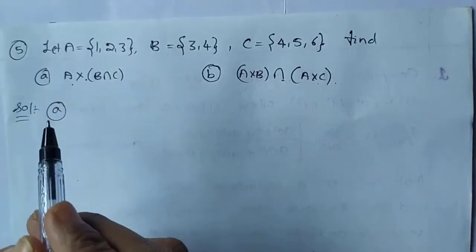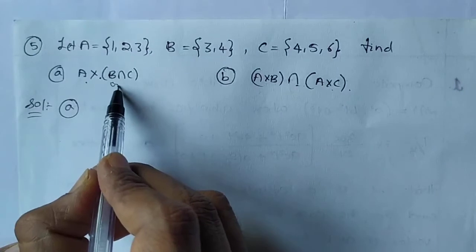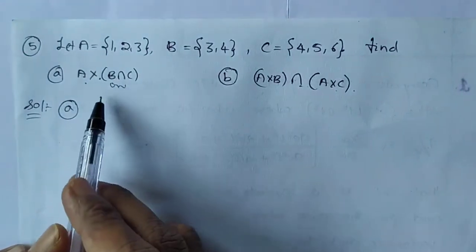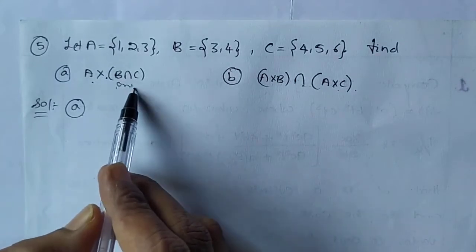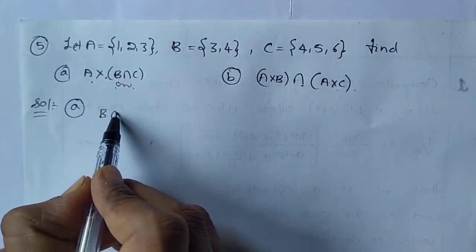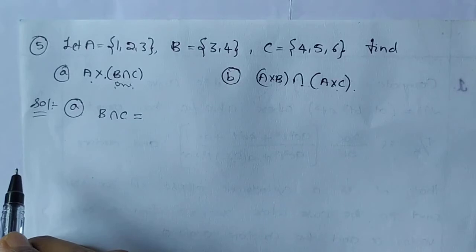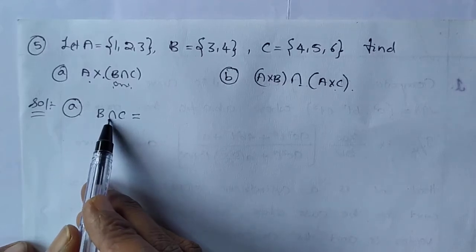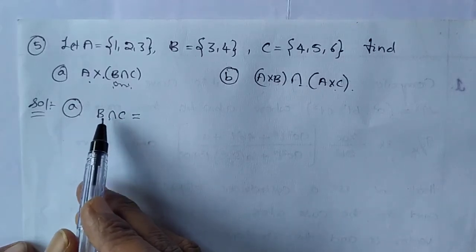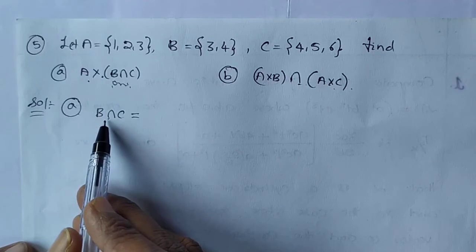For this first question, we first need B intersection C. B intersection C is nothing but what? How to find the intersection of two sets? This intersection concept we have already studied in our lower classes.